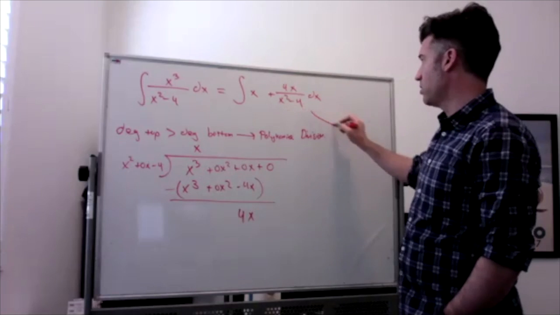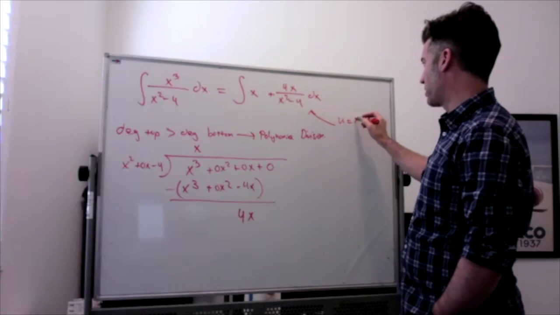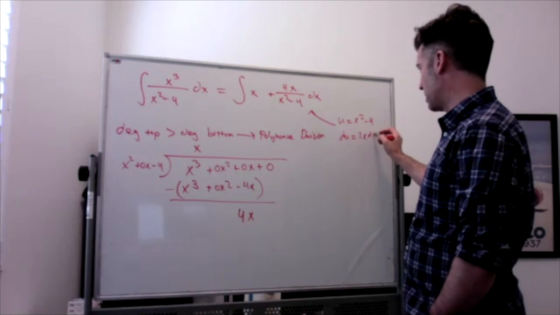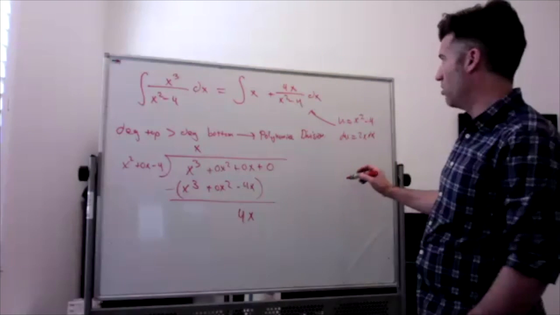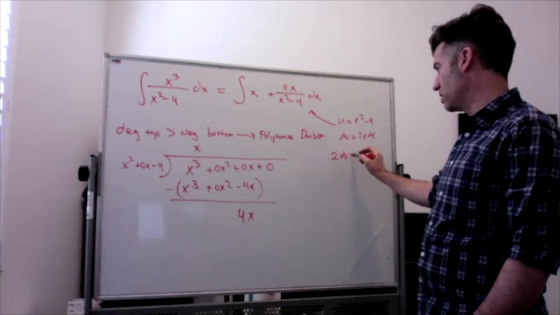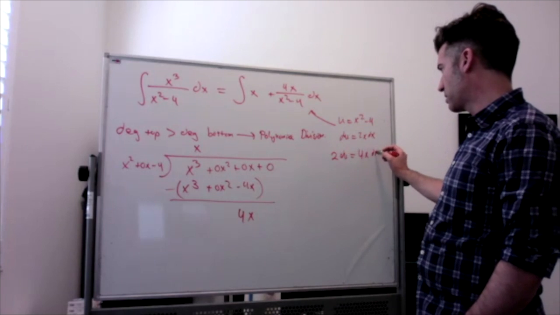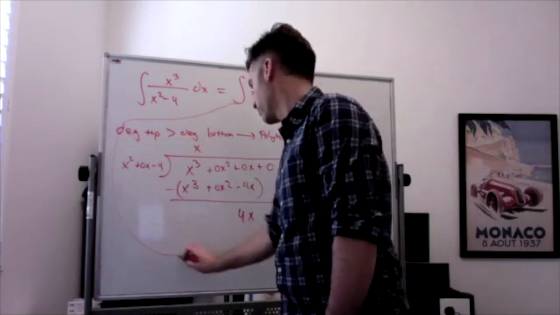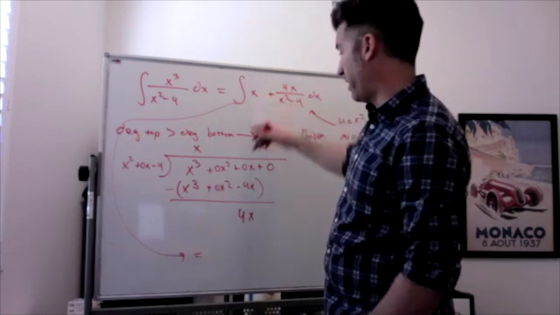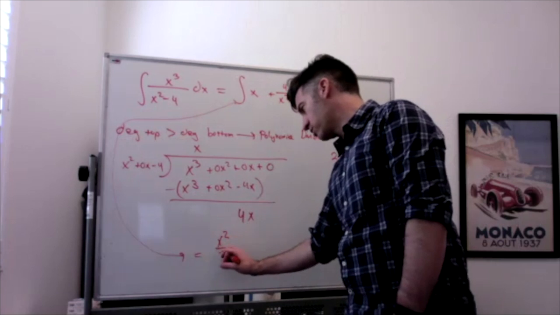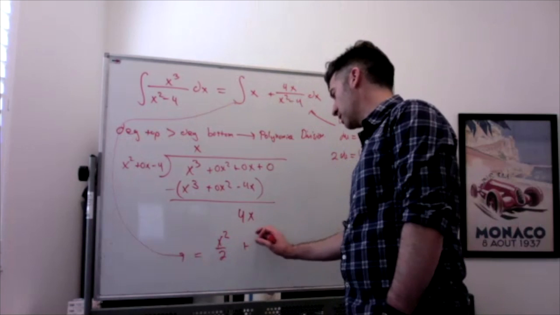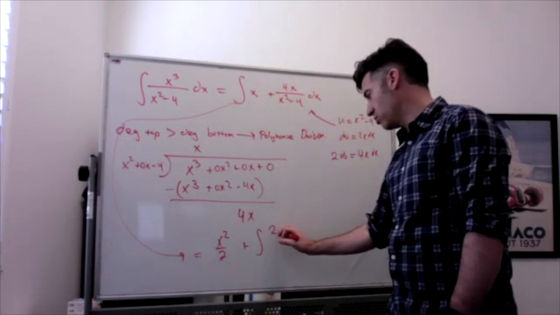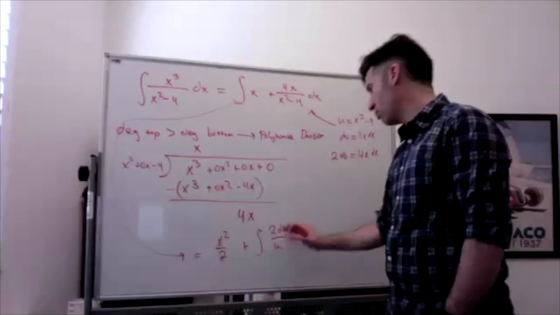So here, we can let u equal x squared minus 4. Your du is going to be 2x dx. So 2 du is going to be 4x dx. So we can rewrite this as the integral of x, which is just x squared over 2, plus the integral of 4x dx, which is 2 du over u.